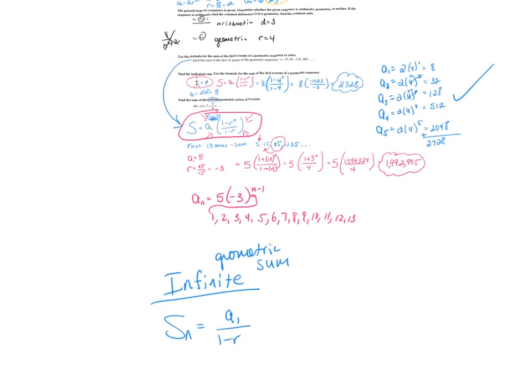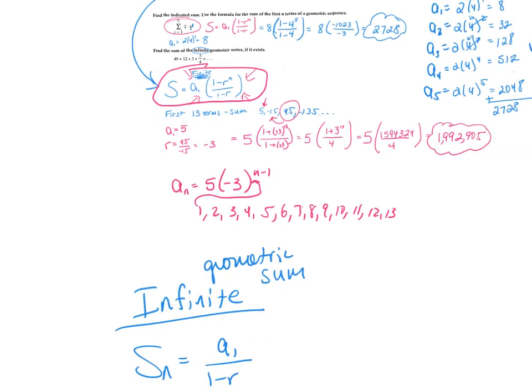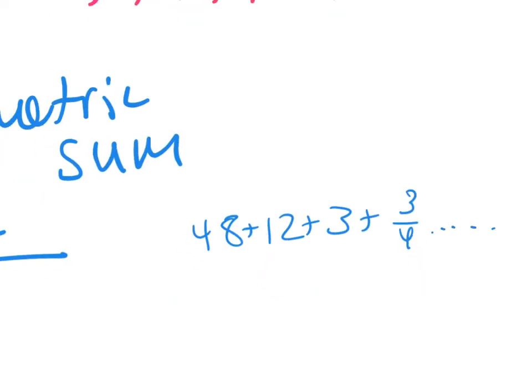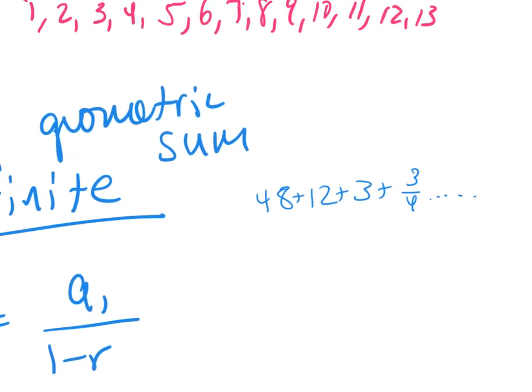So given, what was it? 48, 12, 3. This is the sequence that I was given, and it goes on and on and on. So I need 2 pieces of information. What are the 2 pieces of information I need? The first term, A1, and the ratio. The first term is 48. Agreed?